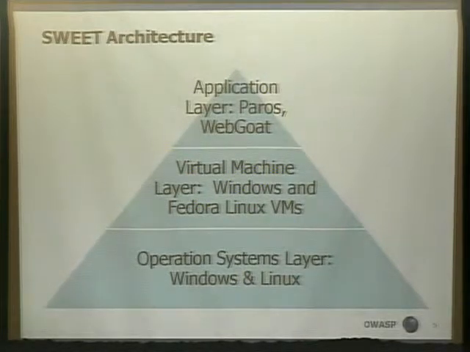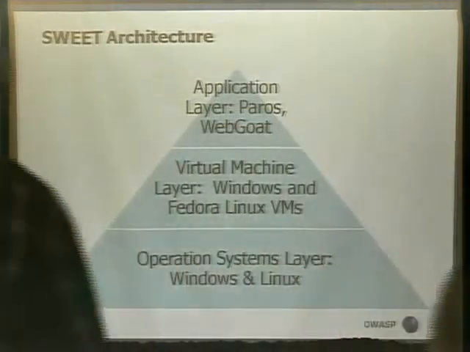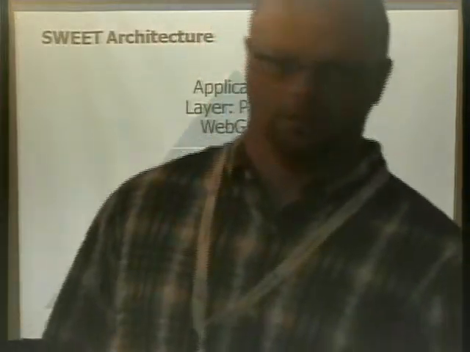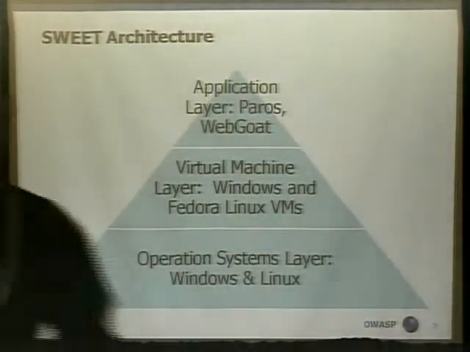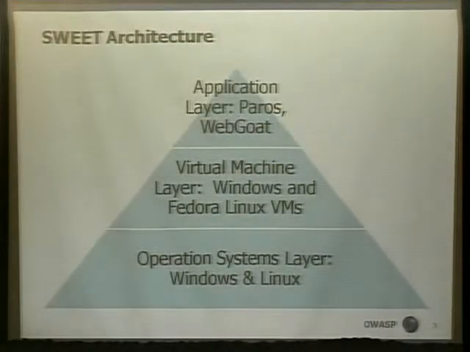And we basically standardize on a Fedora Linux VM. We also have another version that runs on Windows, but mostly we like Linux a little bit better. And on top, at the web application layer, again, it's about how to integrate all those proxies and vulnerable web servers. We have WebGoat and Paros.